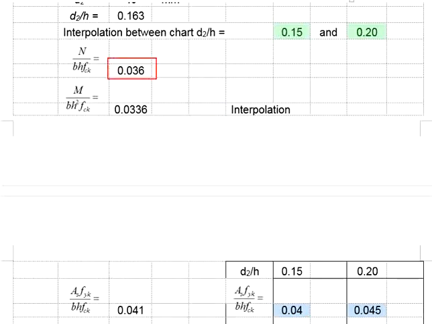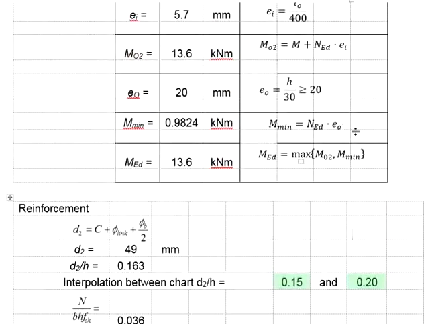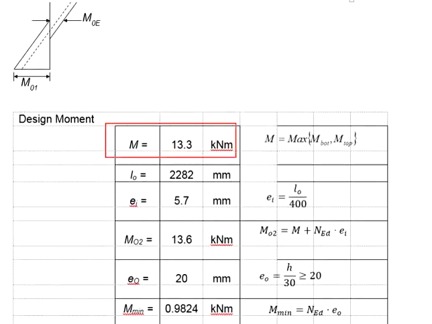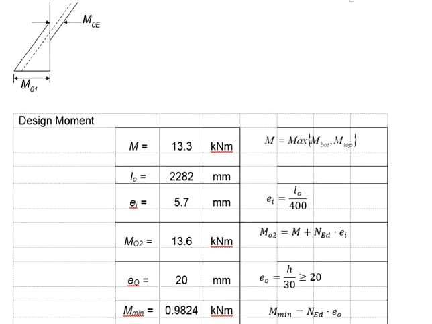That gives you 0.036. As for the M, you use the MEd that we have calculated earlier on, not the M1 given in the question.